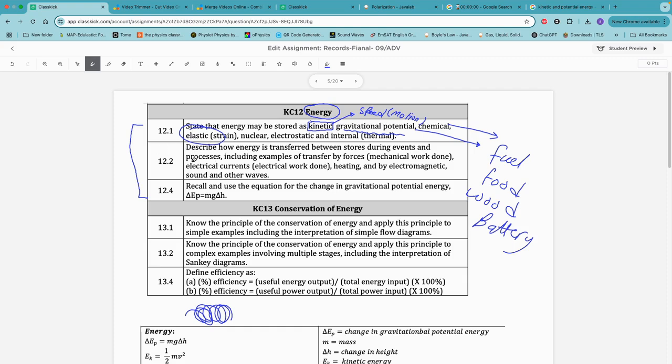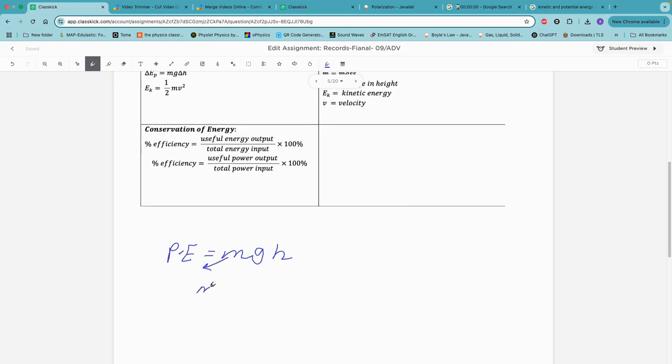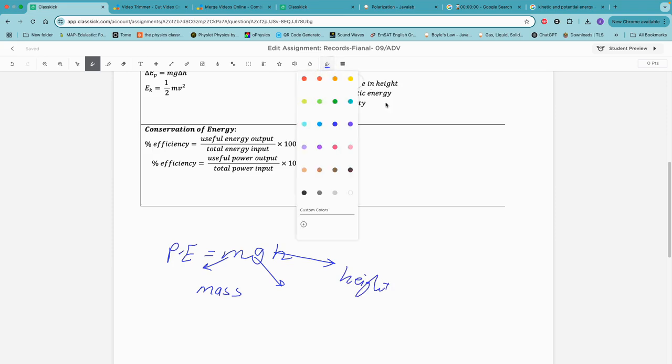The other point you need to understand: how are we able to apply the formula of gravitational potential energy? Mainly it depends on the equation mgh. M refers to mass, g for acceleration due to gravity, h for height. Measuring unit for energy is always joules.